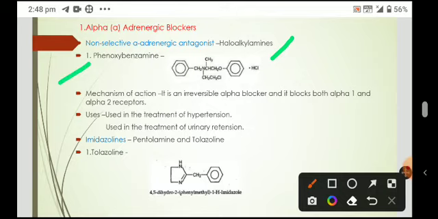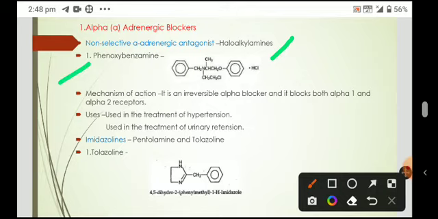Regarding its mechanism of action, it is an irreversible alpha blocker and it blocks both the alpha 1 and alpha 2 receptors. Uses: it has two uses, first it is used in hypertension and second it is used in urinary retention.